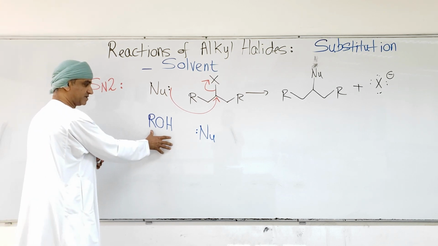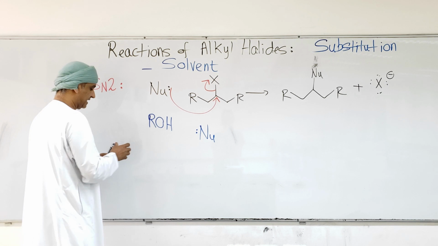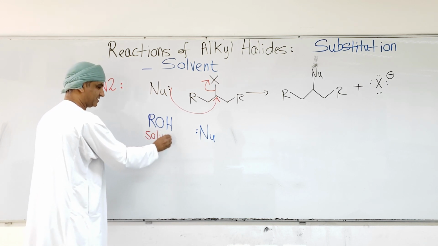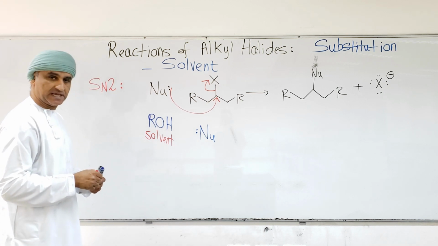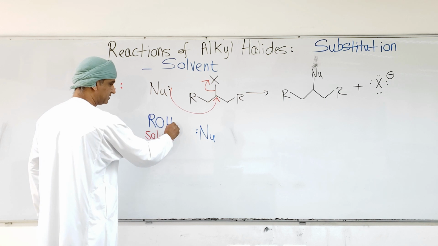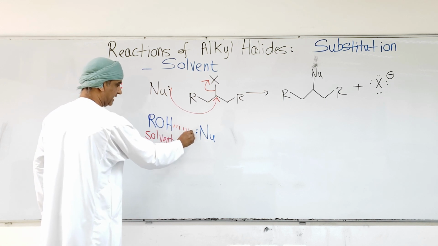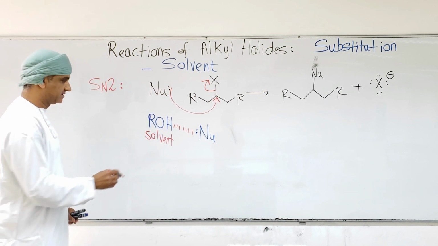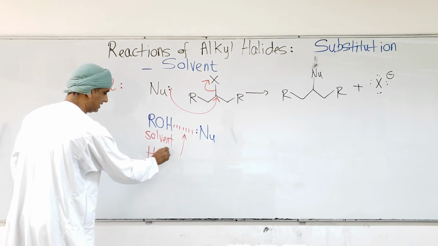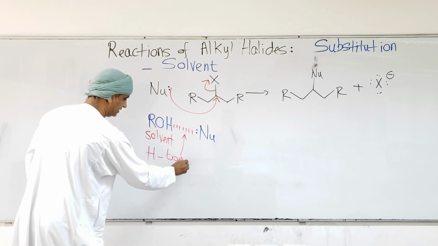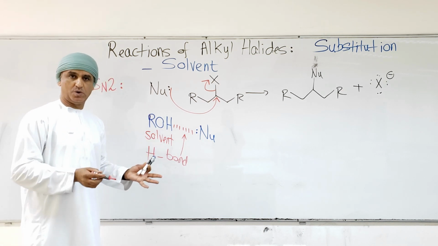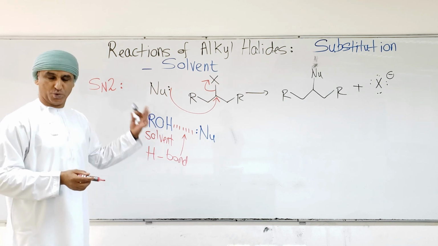Now, if there is a solvent like an alcohol, and an alcohol is chosen as a solvent in an Sn2 reaction, then the alcohol will interact with the nucleophile by hydrogen bonding. This bond is a hydrogen bond, and therefore the nucleophile will be surrounded by alcohol molecules, or by water molecules.